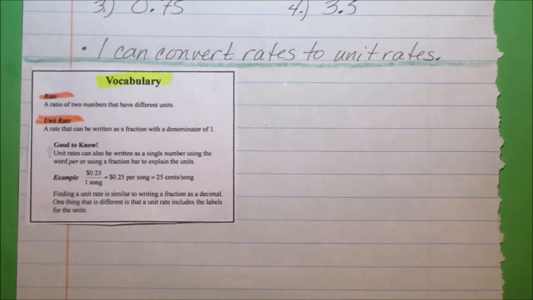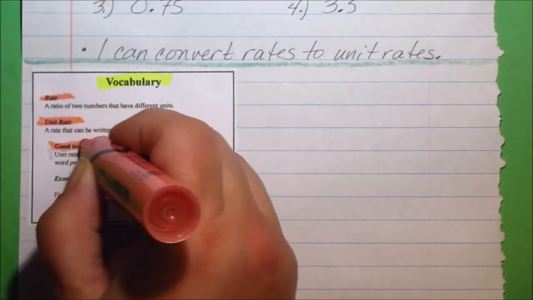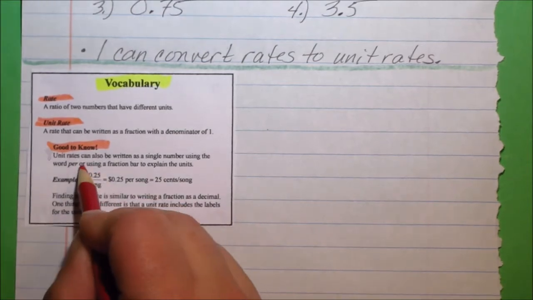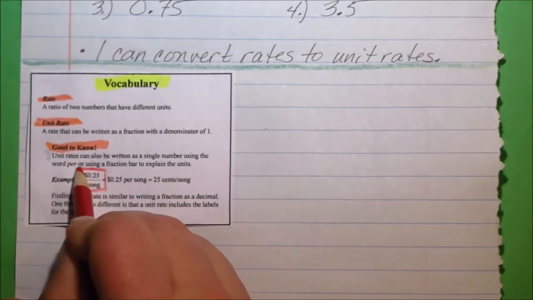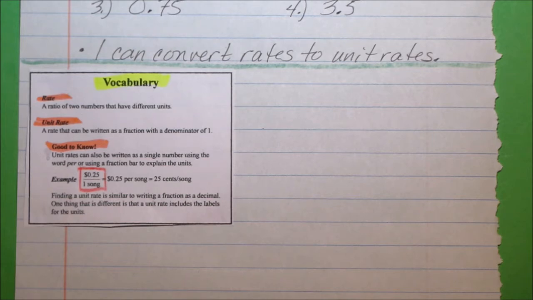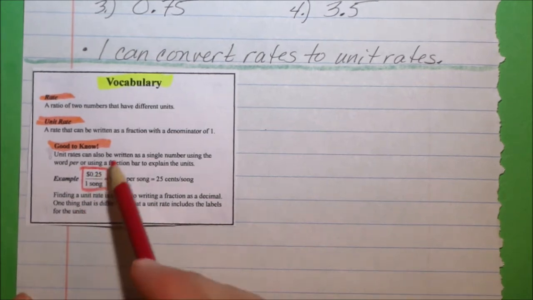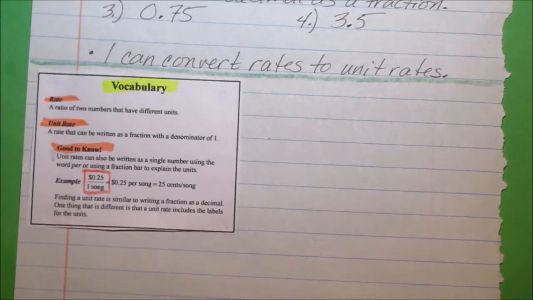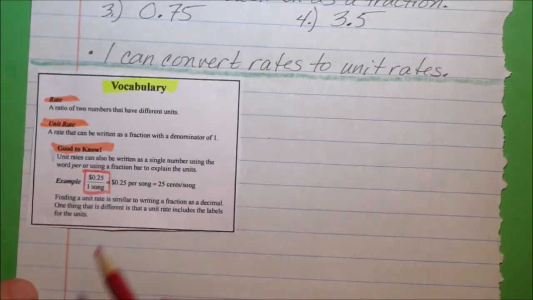Now, the good to know here talks about how unit rates can also be written as a single number using the word per or using a fraction bar to explain the units. All this means is there are a few different ways to write unit rates. So the one we will use most often is this one here. So if you were downloading some songs and they were 25 cents per song, this little fraction bar literally means per. All right, so 25 cents per song.